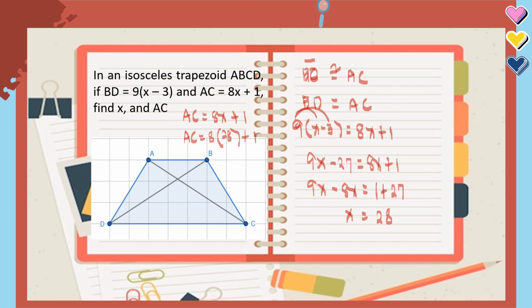What is 8 times 28? 8 times 28 is 224, plus 1, so that is 225. Therefore, AC is equal to 225. And since AC is equal to 225, BD must also be equal to 225.